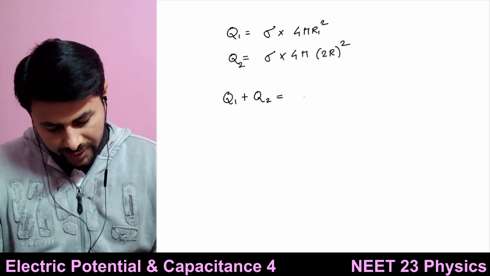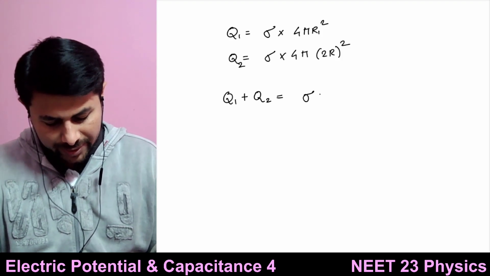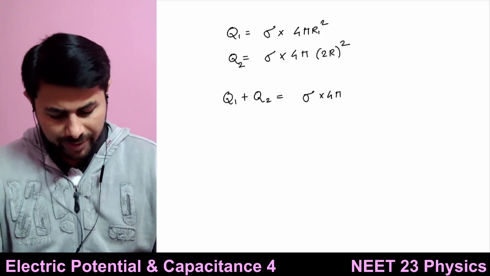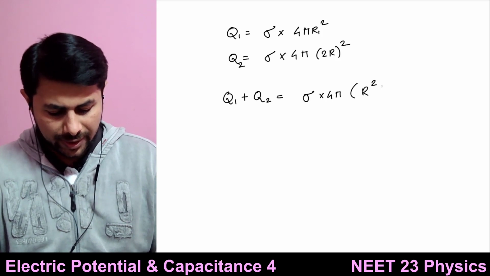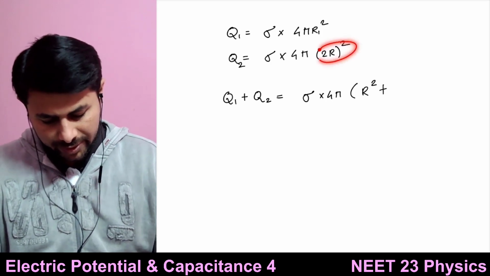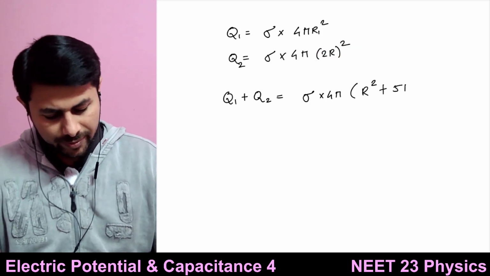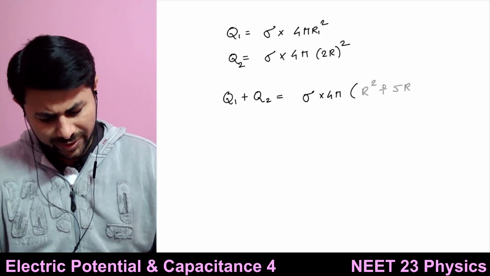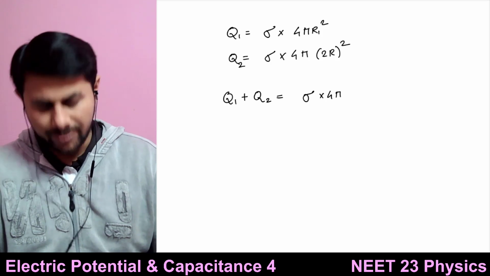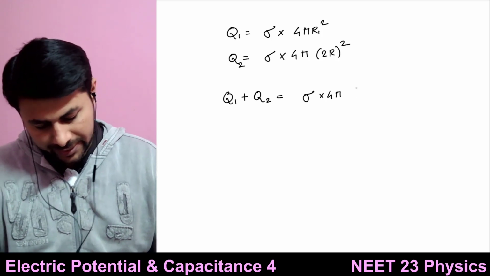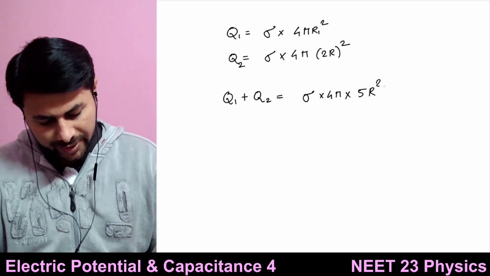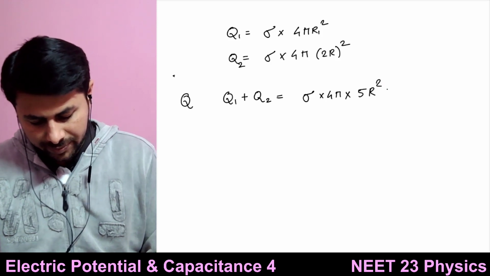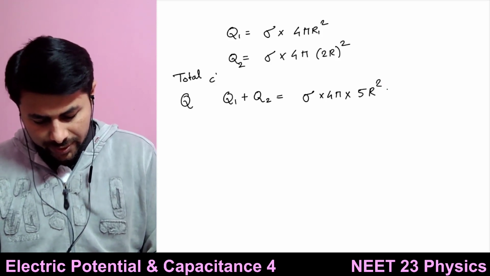So sigma times 4 pi, you can take common, r square plus 4r square, that is 5r square. This is the total charge.